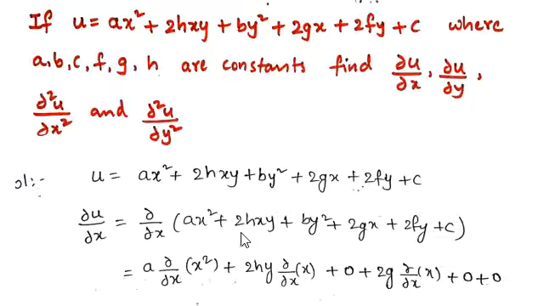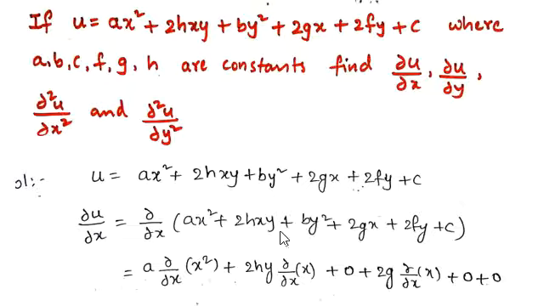Plus 2 is constant, h is constant, and in partial differentiation with respect to x, y is constant. So 2, h, y are constants, and we write ∂/∂x of x.